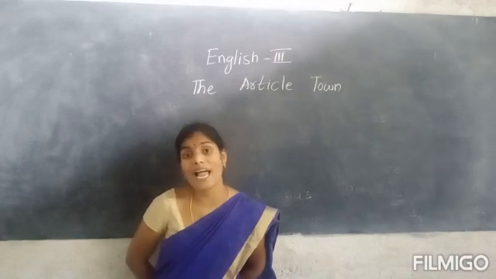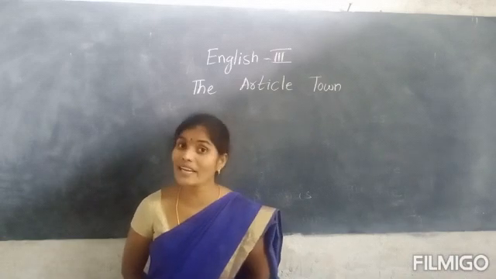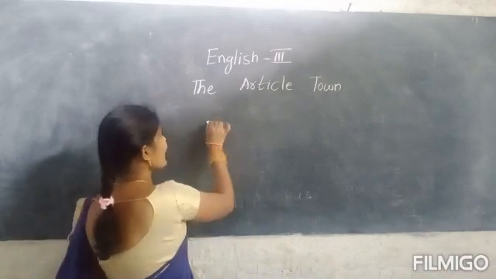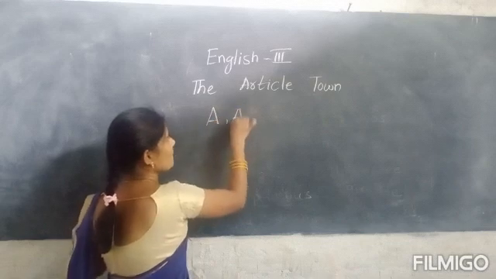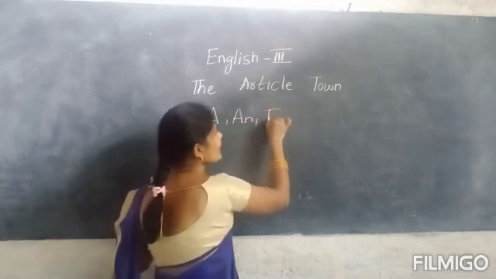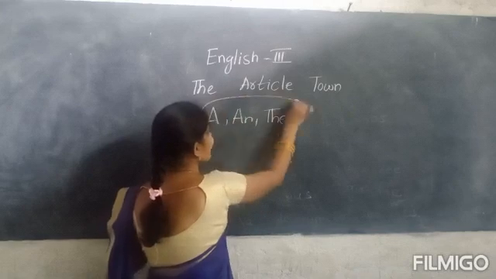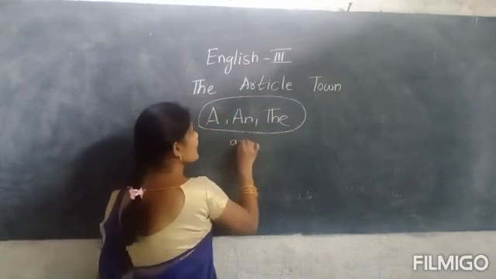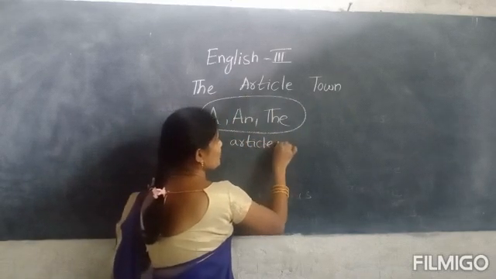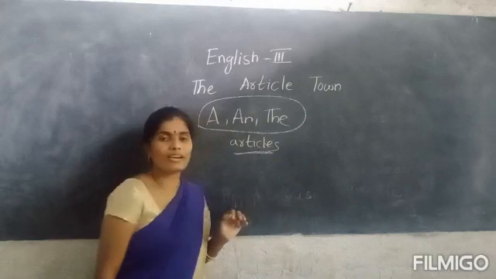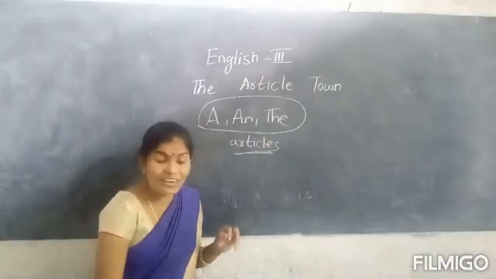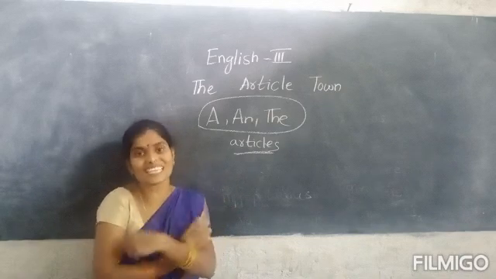A, an and the are called articles, no? What are articles? A, an and the. These three are called articles. Here he built a town with articles.